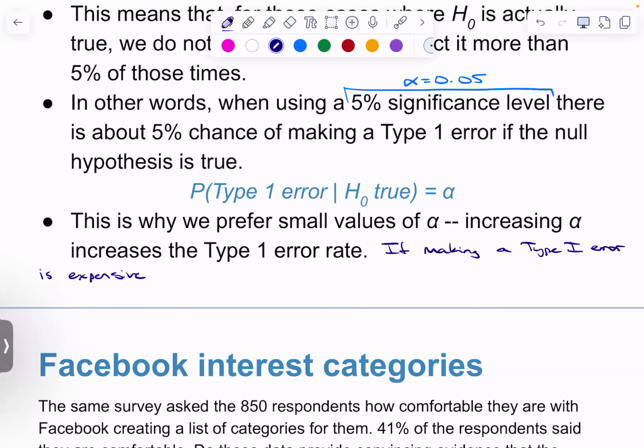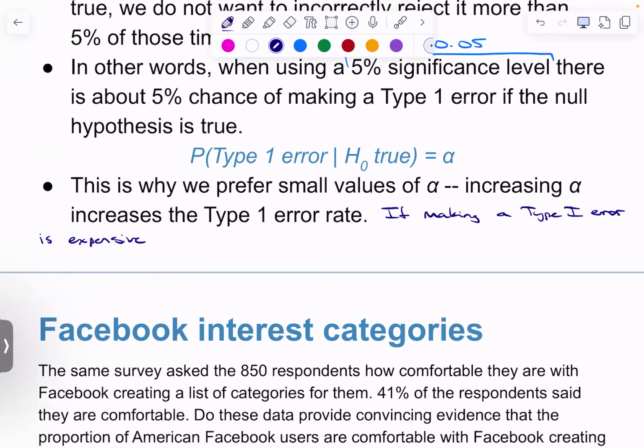There's a Tylenol debacle, for example, and if the repercussions to society are expensive, then you want to be really, really sure before you go out and publish a study. So then you reduce your type 1 error rate, which is your alpha level.